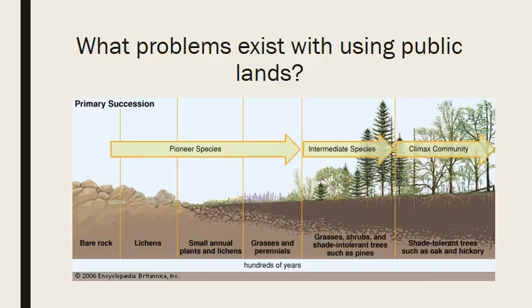You have these pioneer species, which are lichen, small annual plants, and grasses that come in and they take an area that was once bare rock and they go through the weathering process, the deposition process to produce viable soil that eventually ends up in your climax community of particular kinds of trees. So you're looking at shade-tolerant trees there in primary succession.